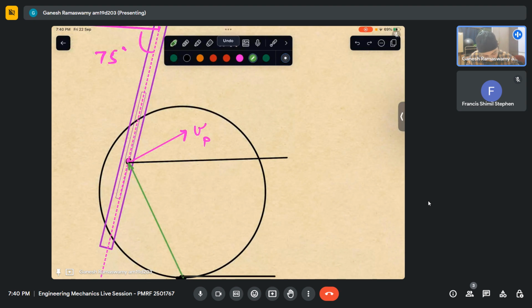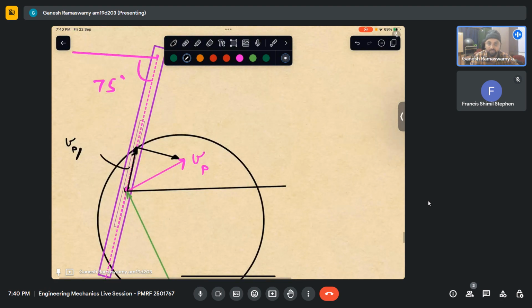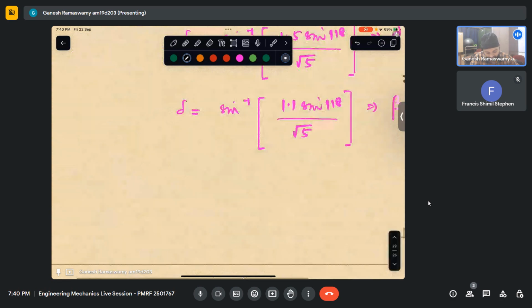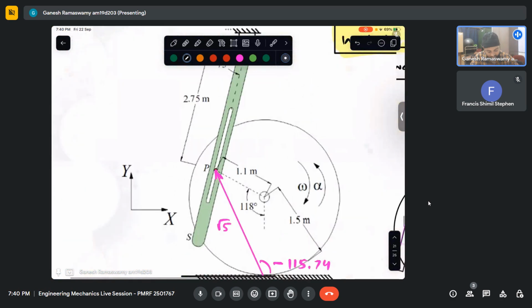Actually, I shouldn't have drawn it that big. There will be one velocity like that, and then there will be another velocity like that, which will add up to the actual Vp. This is nothing but velocity of pin P as perceived by a person rotating with this slotted arm. What is that slotted arm's R?